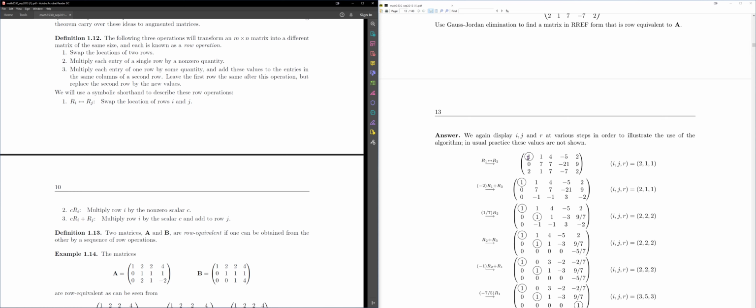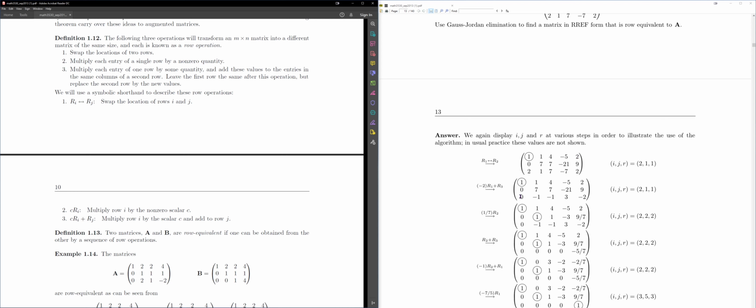I'm going to have minus 2 plus this 2, which gives me 0. Minus 2 plus this gives me minus 1. Minus 2 times 4 would be minus 8, plus 7 gives me minus 1. Minus 2 times minus 5 is 10, plus the minus 7 is 3. Minus 2 times the 2 is minus 4, added to the 2 gives me minus 2.